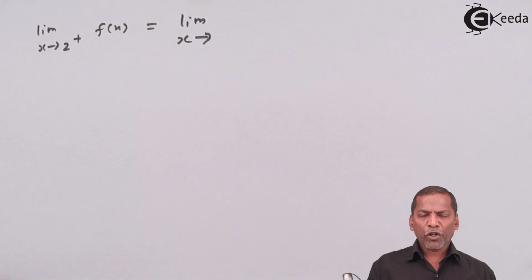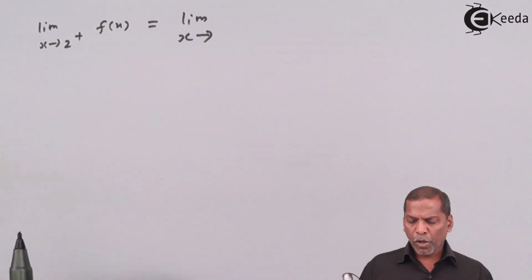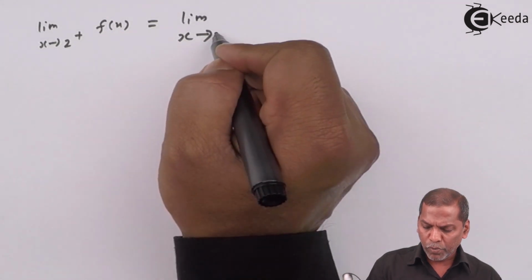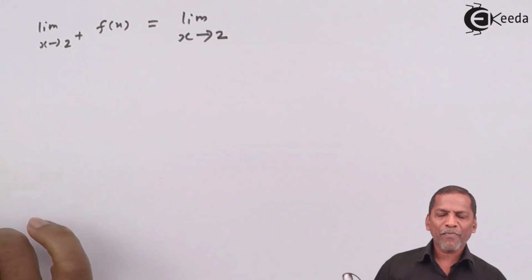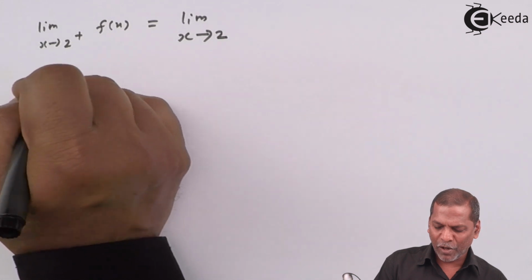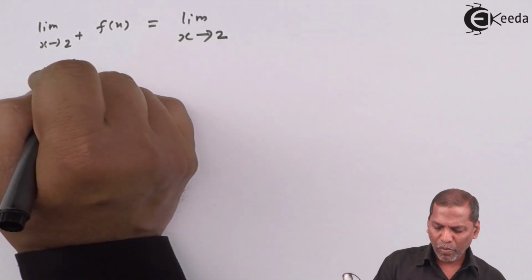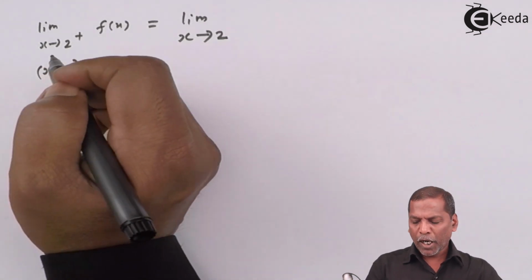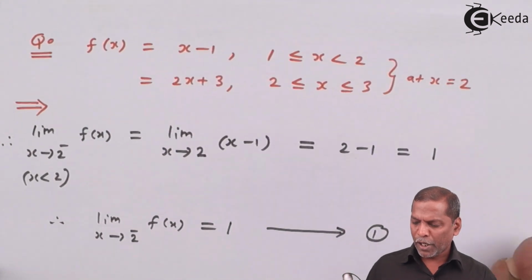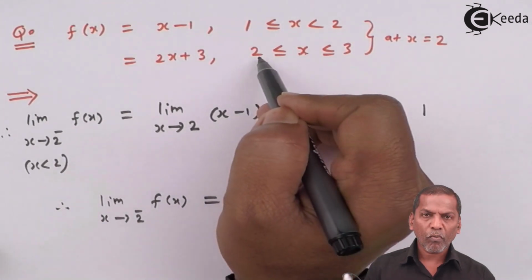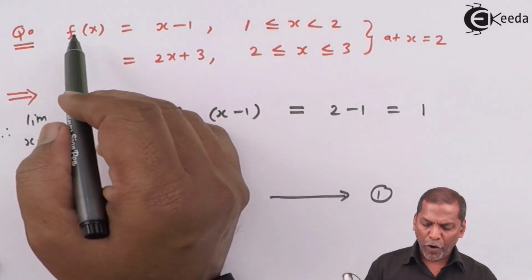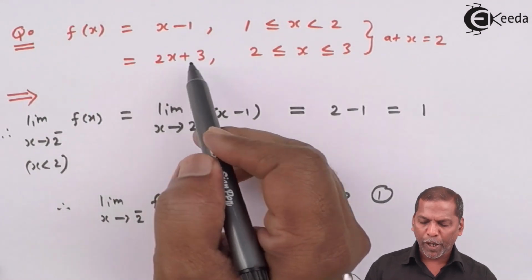This is a continuation of the continuity problem. So limit x tends to 2. Now 2 plus means x greater than 2. And in the question, x greater than 2 gives f of x as 2x plus 3.